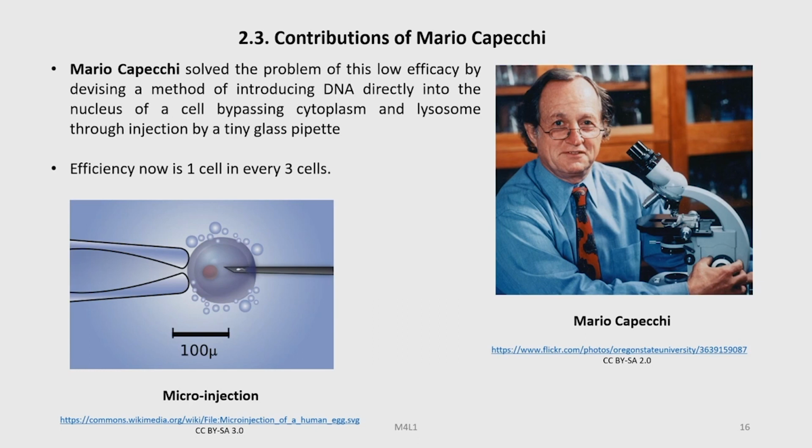Also remarkable are the contributions of Mario Capecchi, who solved the problem of this low efficiency by devising a method of introducing DNA directly into the nucleus of a cell, bypassing cytoplasm and lysosome, through injection by a tiny glass pipette.